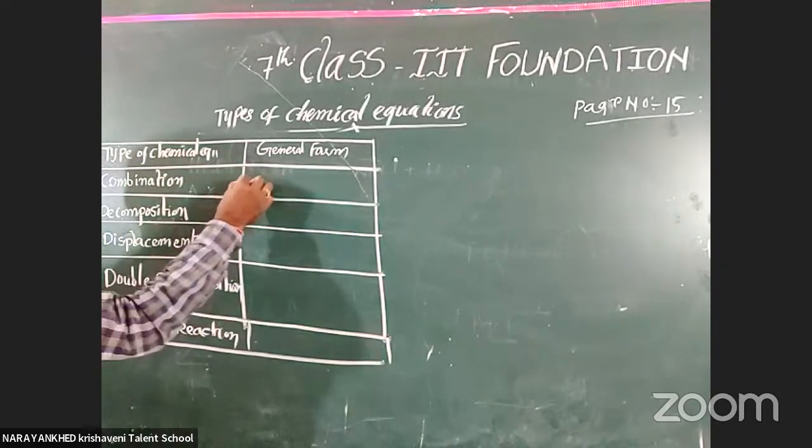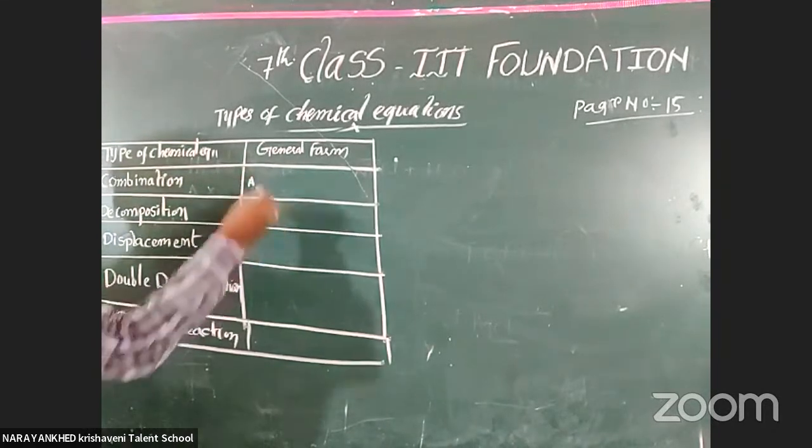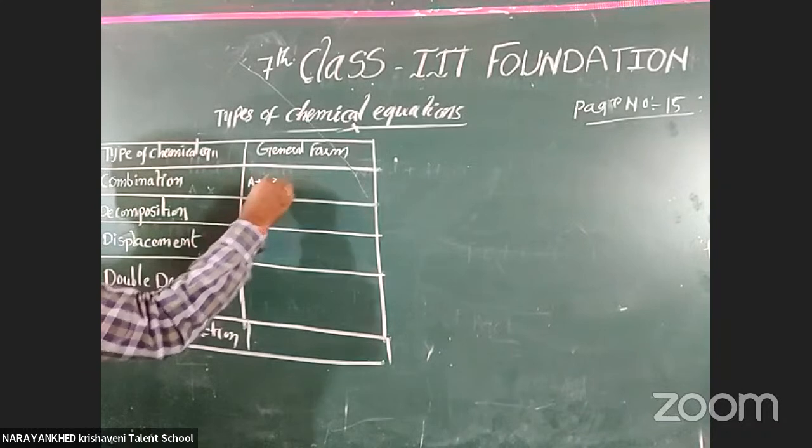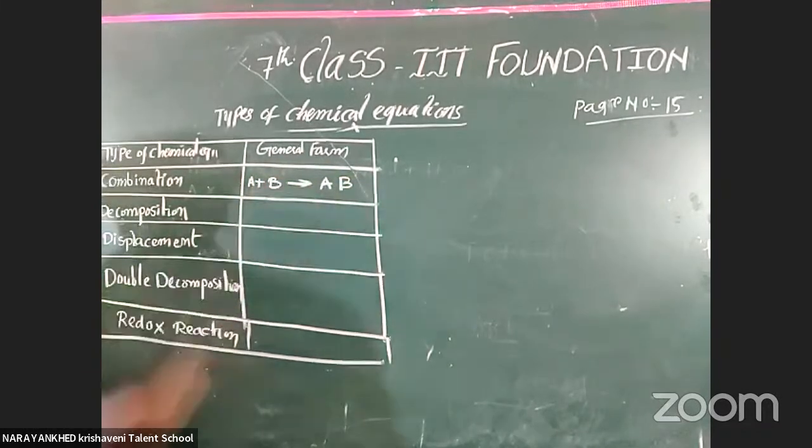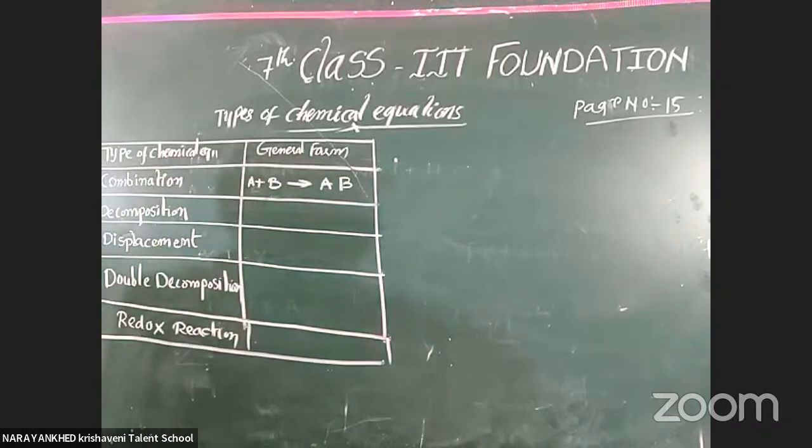Yes, the general form is A plus B gives AB, or A plus X gives AX. Not a problem.